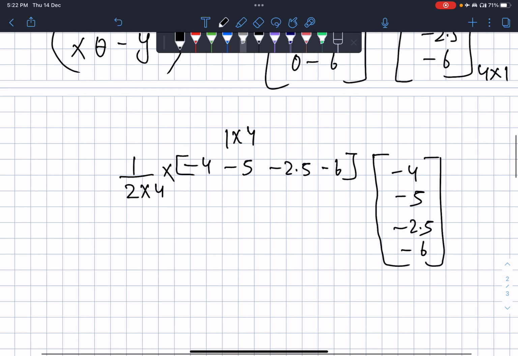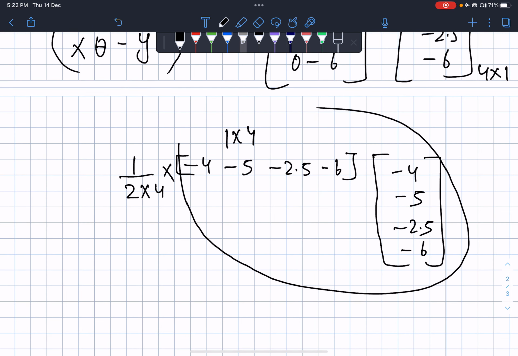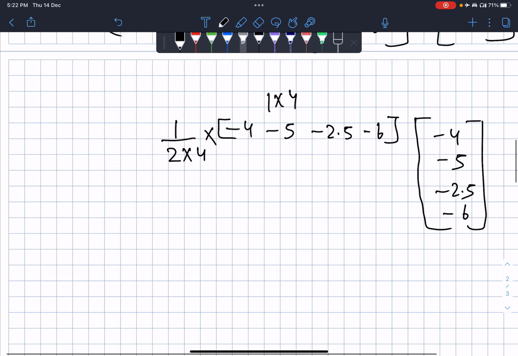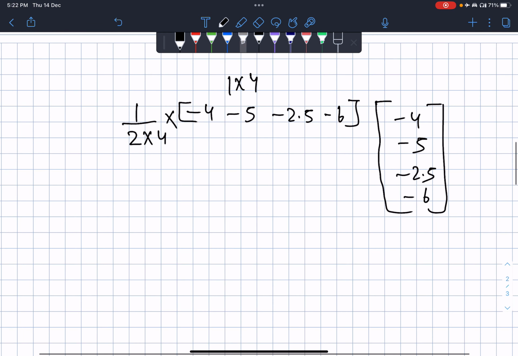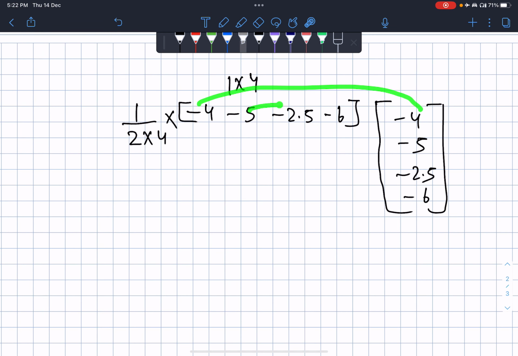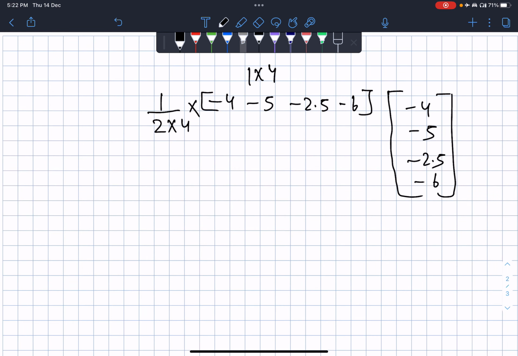Now we'll multiply this with this. We know how to multiply: first with this, then with this, then with this, and with this, and in the end we sum it all. Minus 4 times minus 4 is 16, plus 25, plus 6.25, plus 36.